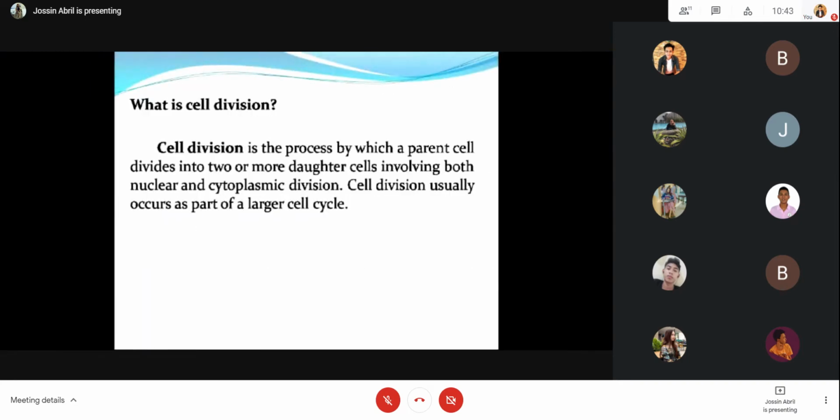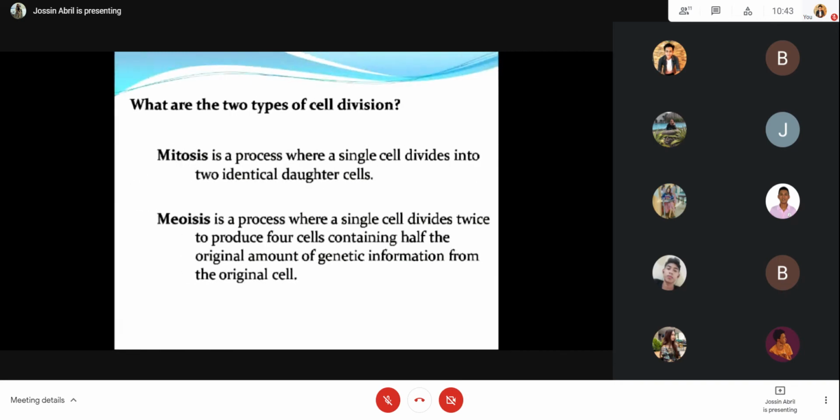What is cell division? Cell division is the process by which a parent cell divides into two or more daughter cells, involving both nuclear and cytoplasmic division. Cell division usually occurs as part of a larger cell cycle. There are two types of cell division: mitosis and meiosis.